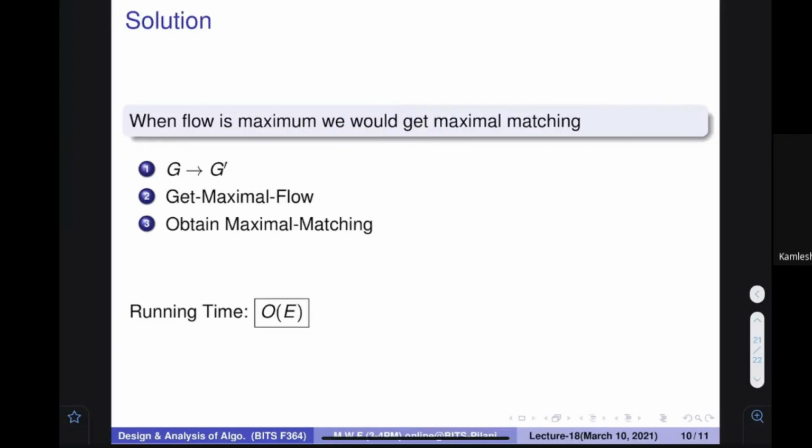How much time is this algorithm going to take? Order of E, because this conversion is also going to take order of E amount of time.